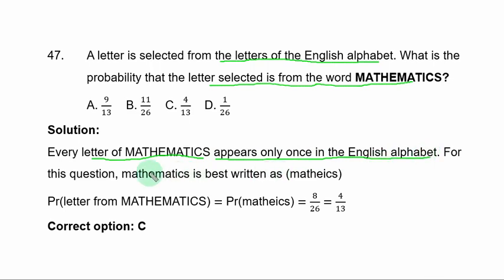So for the question, mathematics is best written taking each letter once. From this special form, you have 8 letters, and in the English alphabet you have 26 letters. So the probability that the letter selected is from mathematics is simply 8/26. If you divide by 2, you have 4/13. Hence, C is the correct option.